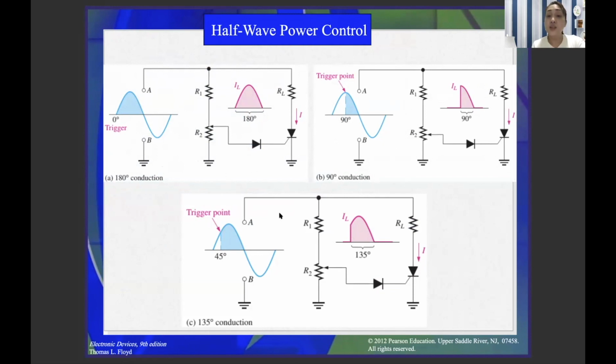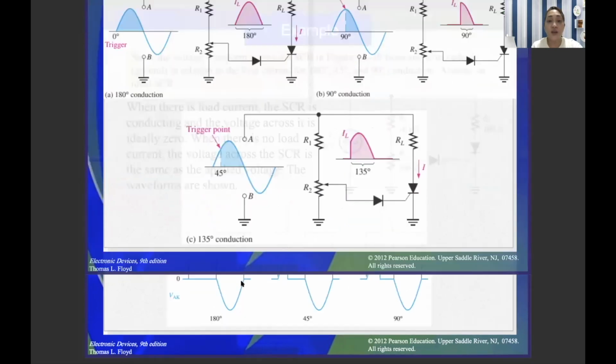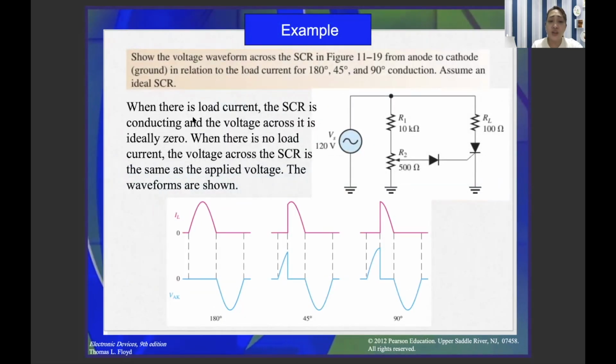So that's the reason why SCR is called a unidirectional device, because it cuts off the negative half cycle. Another example, when there is a load current, the SCR is conducting and the voltage across it is ideally 0. When there is no load current, the voltage across the SCR is the same as the applied voltage. The waveform shows as this one.